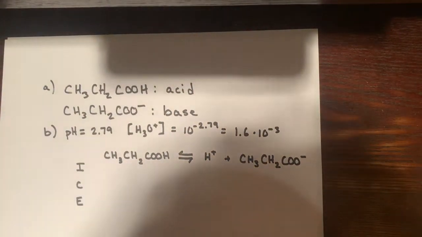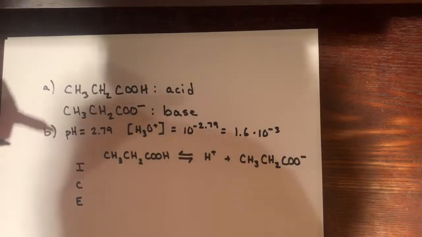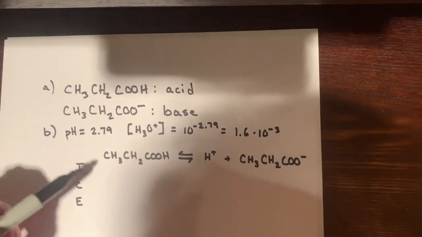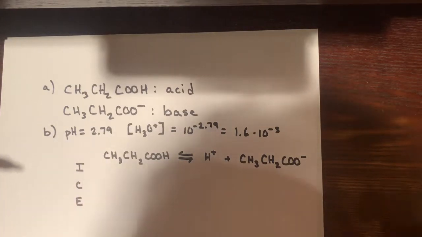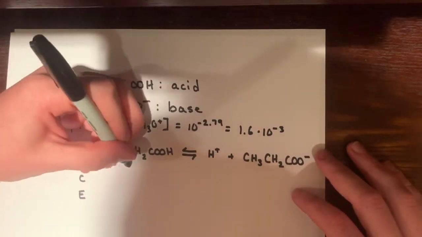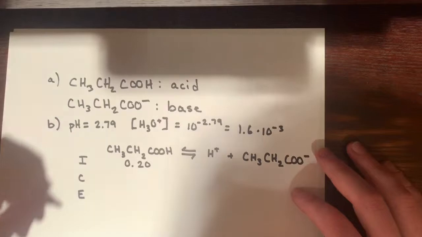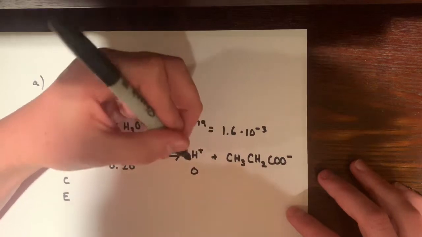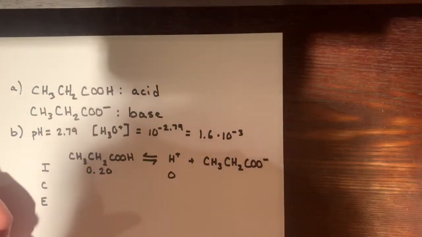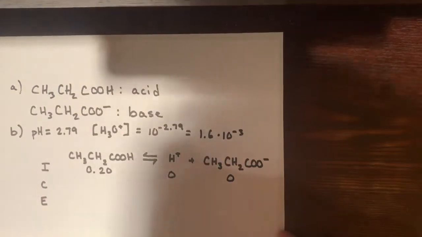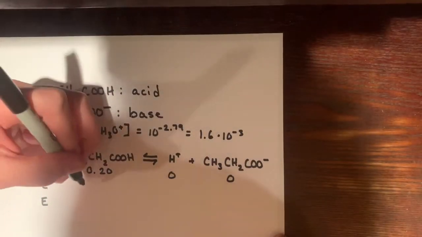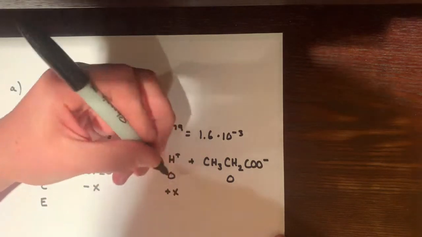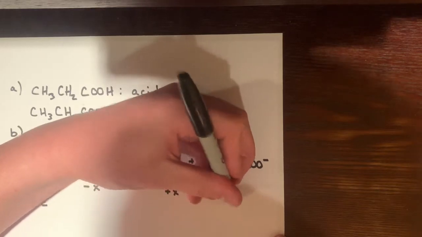All right, and now from that, we know that we can make an ice table. So we know that the solution itself at the beginning was 0.20 molar. And the hydrogen and the conjugate base were both 0. The change for this side of it would be minus x, while H plus would be plus x, and the conjugate base would also be plus x.